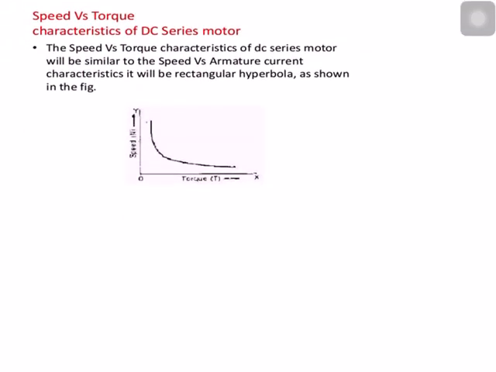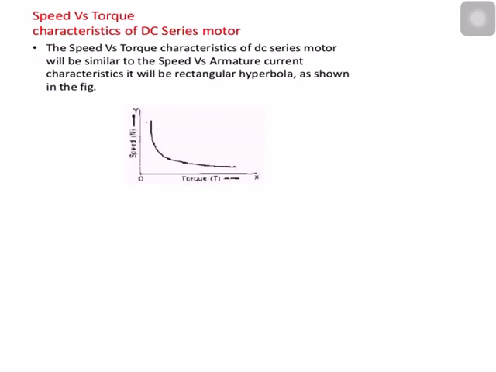Next one, speed versus torque characteristics of DC series motor. These characteristics are also called mechanical characteristics. When speed is high, torque is low, and vice versa.